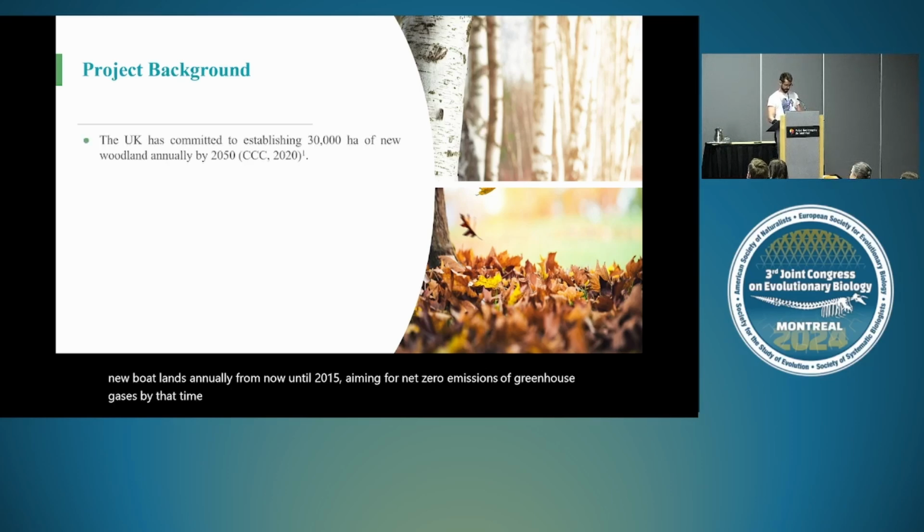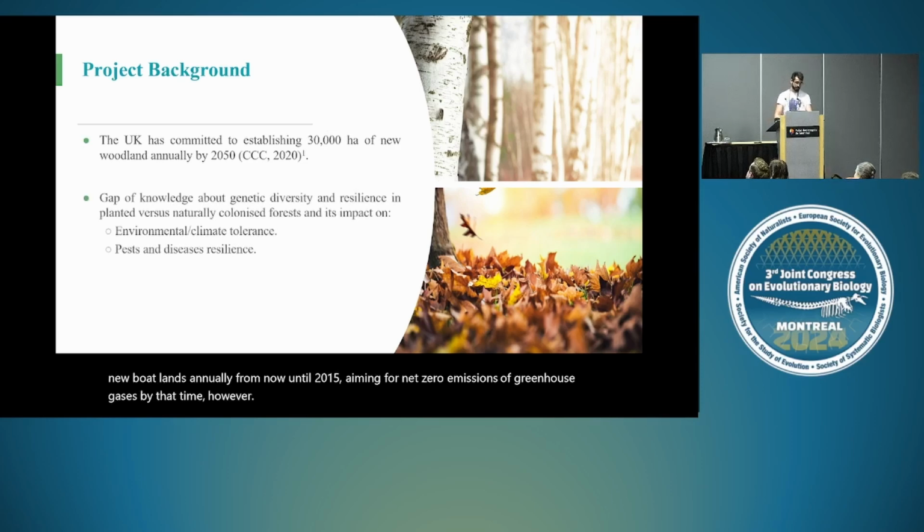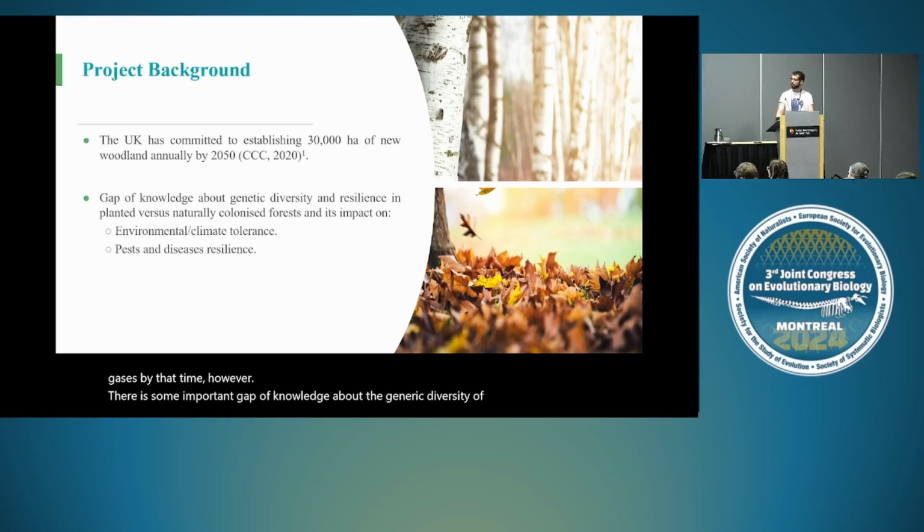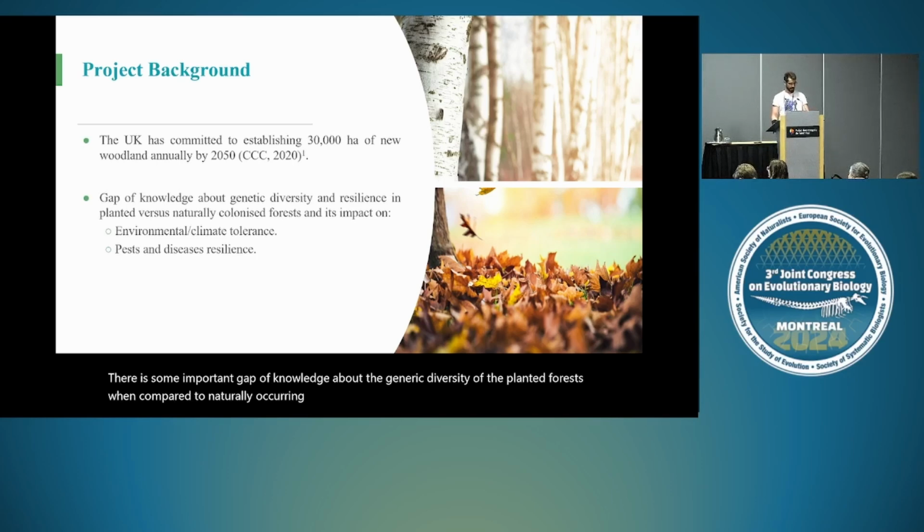However, there is an important gap of knowledge about the genetic diversity of planted forests compared to naturally occurring ones, and about the impact that planting may have on resilience to pests and diseases and to climatic change.